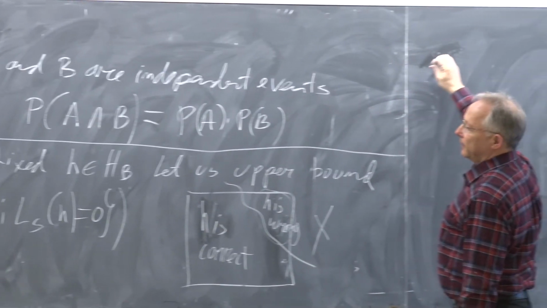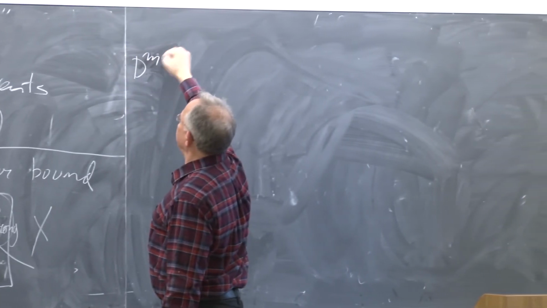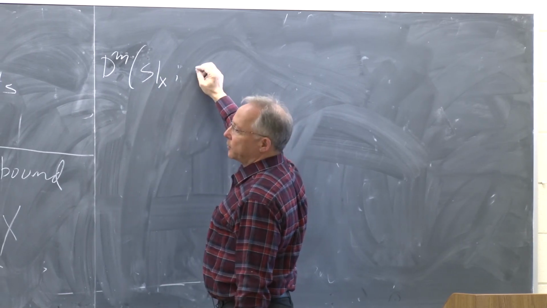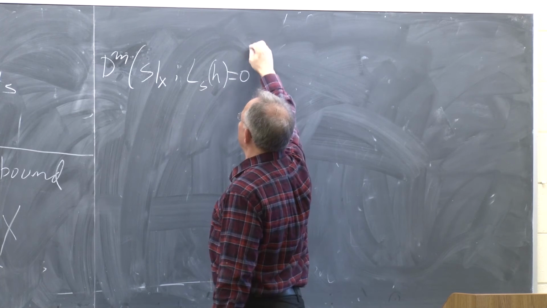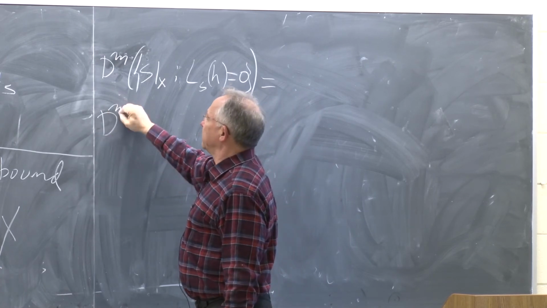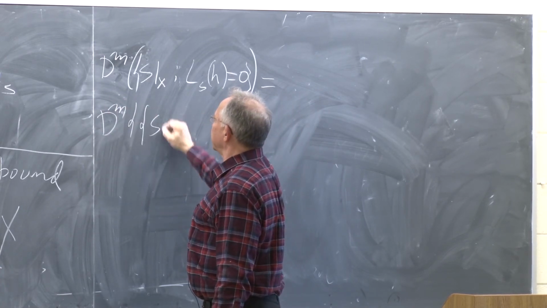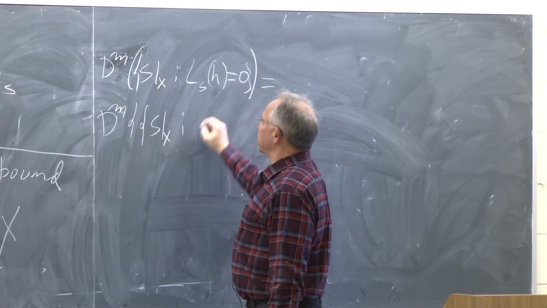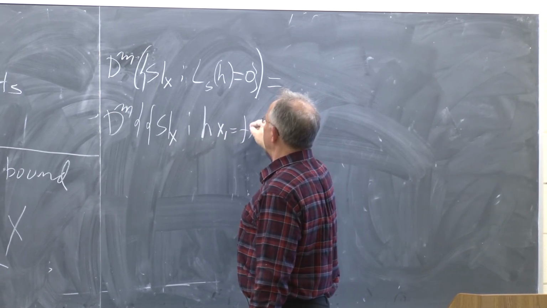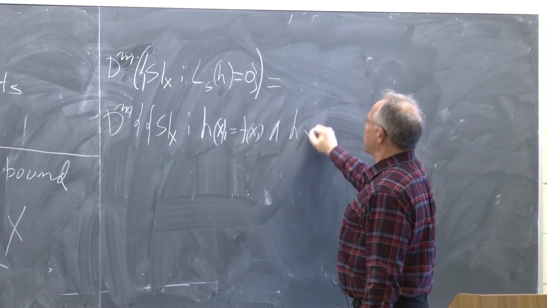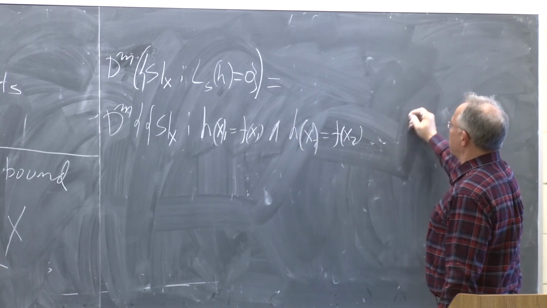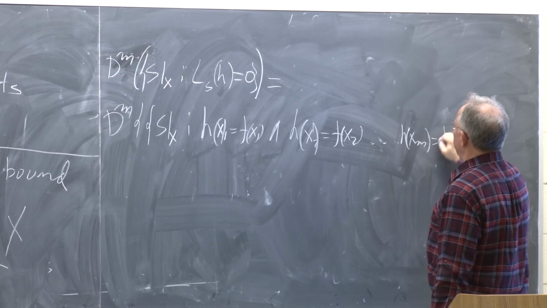So I'm saying that the probability of the set of all samples on which I don't make any error equals the probability of the set of all samples such that h of x1 equals f of x1, and h of x2 equals f of x2, all the way up to h of xm equals f of xm.